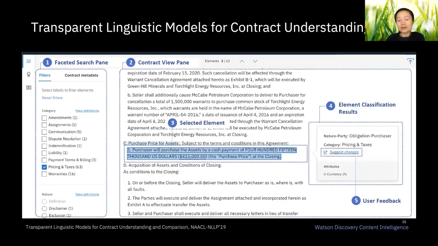And the one I just showed you is just an academic example, but we have actually utilized this semantic understanding, what we call semantic linguistic structure, to build transparent linguistic models to understand contracts. So this is actually a real product in Watson Discovery. What we do here is the following.